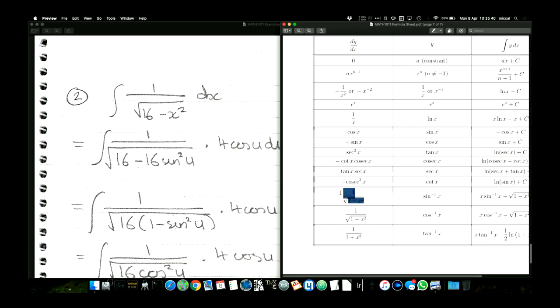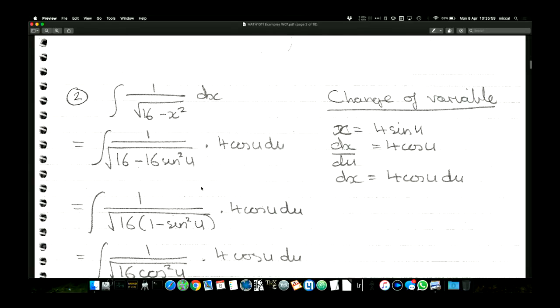So certainly no simple substitution is going to help here. If you let u equal 16 minus x squared, you're going to have an x floating around, and you do not ever use that to bring in another square root. That ain't going to help. So, inverse trig. This is a squared minus x squared, where a is 4. The table tells you let x equal 4 sine of u.